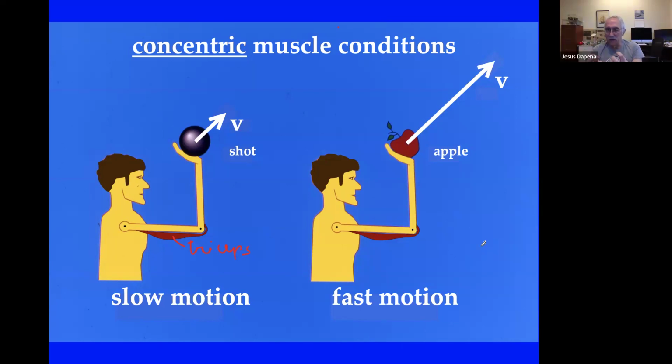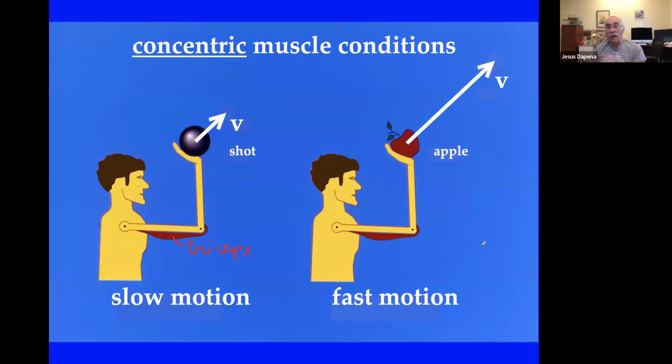You try again and you feel that the apple yields too easily. It gives way too easily, and I don't have the chance to really use my muscle very well. And if we actually measured the force made by the triceps, it would be smaller with the apple than with the shot.